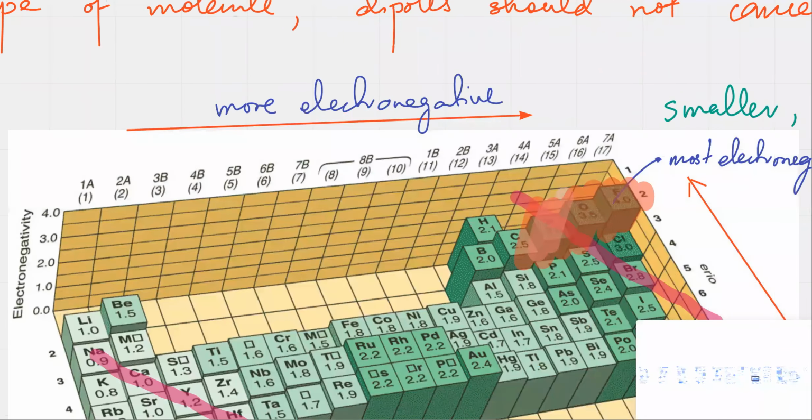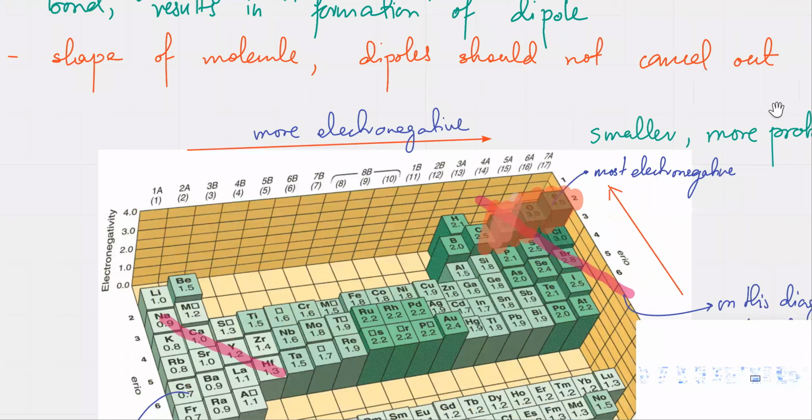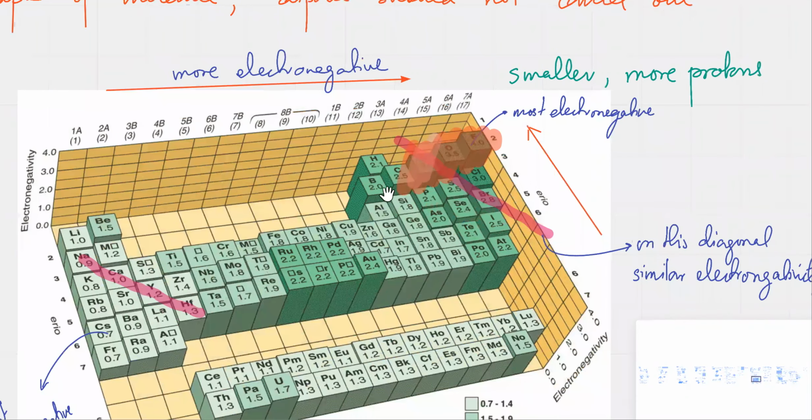This diagram over here. One thing to remember: we will be dealing with a lot of organic molecules. Hydrogen and carbon have almost similar electronegativities, so they're almost non-polar.